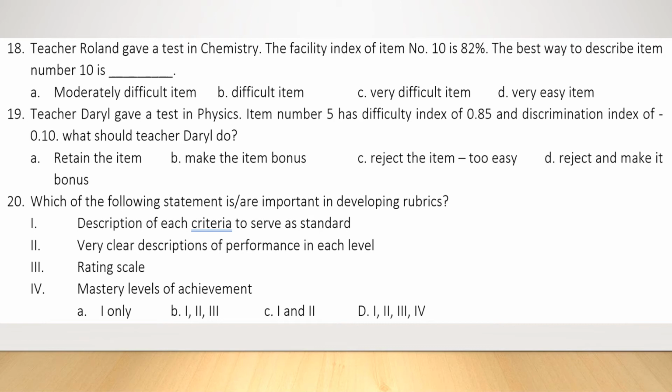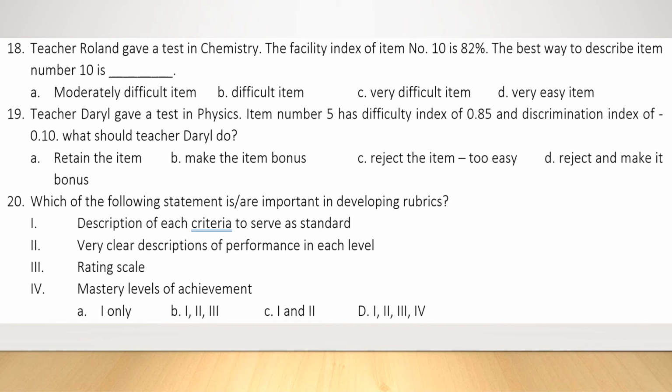That is facility index. So, kay 82% man out of the many or out of 100, 82% sa group nakakuha og check nga answer sa number 10, then this goes to show that item number 10 is a very easy item.